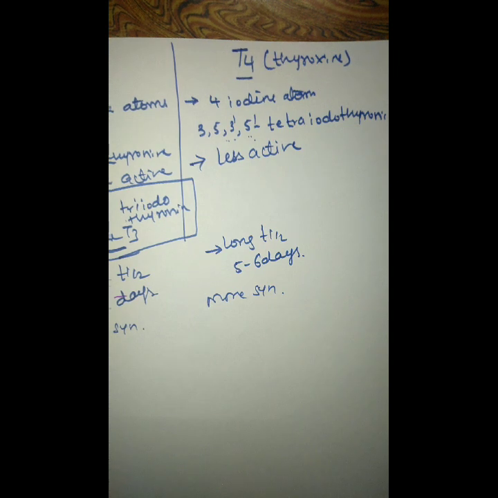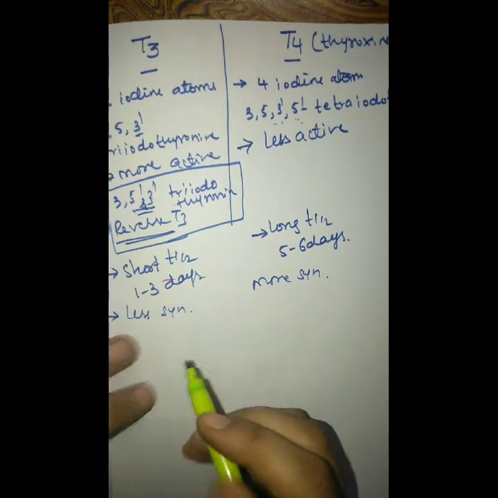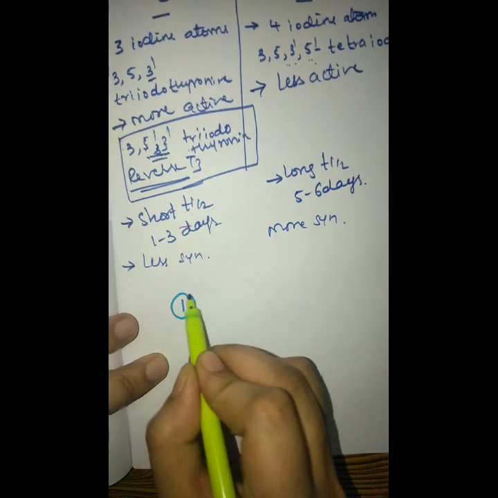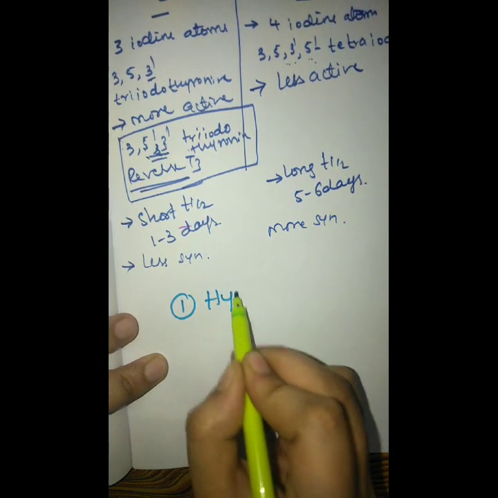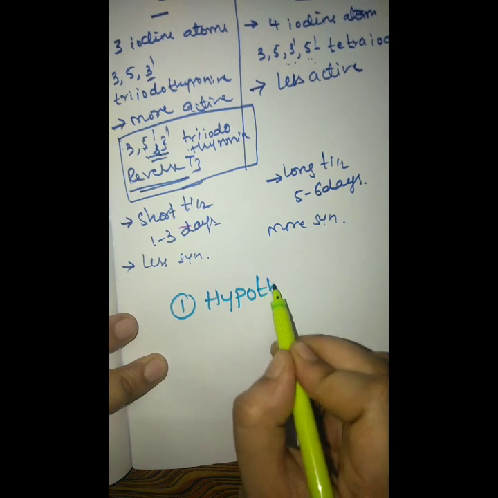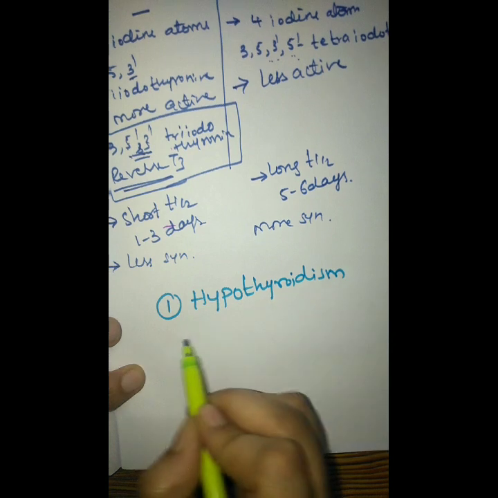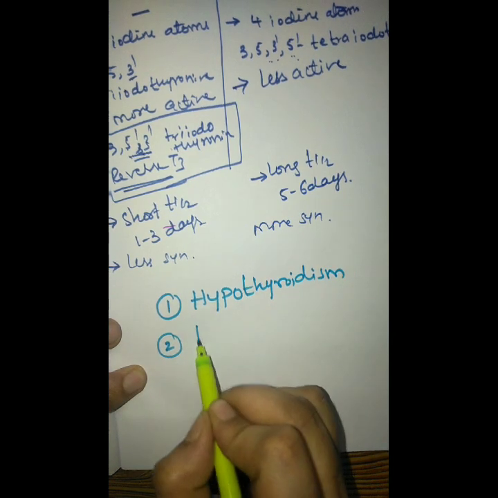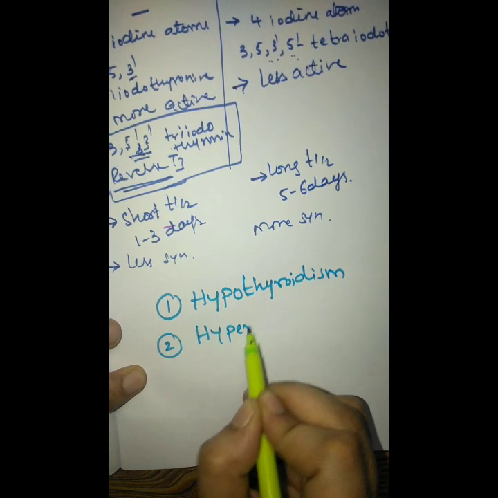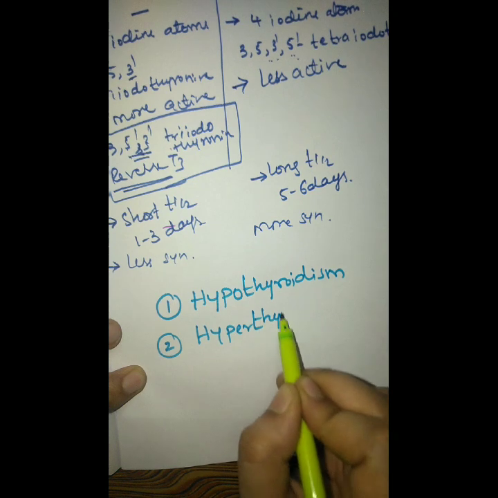Now in thyroid there are basically two kinds of problems that you can encounter. The first problem is hypothyroidism, and the second one is hyperthyroidism.